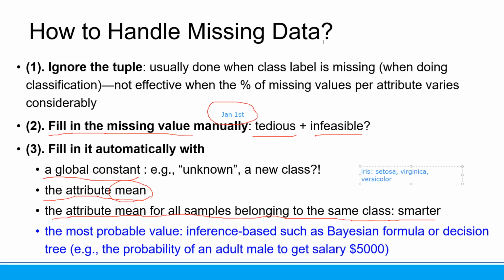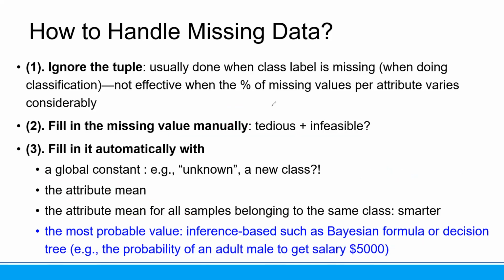Or if you want a smarter way, we can use the Bayesian formula, or a decision tree. We will learn about the decision tree. For example, what is the probability of an adult male to get a salary of $5,000? We can make that kind of probability.